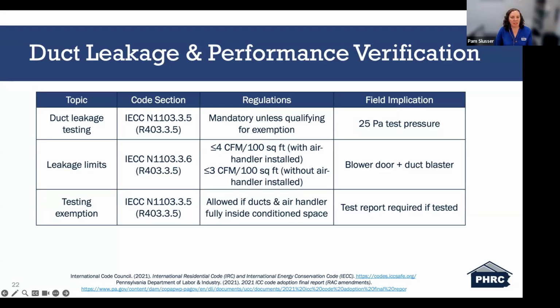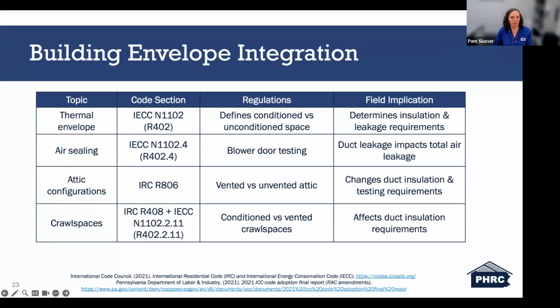It states here the allowable leakage is less than or equal to 4 CFM per 100 square feet post-construction, or less than or equal to 3 CFM per 100 square feet at rough-in without the air handler installed. Testing is typically verified using a combination of blower door testing and duct testing equipment.